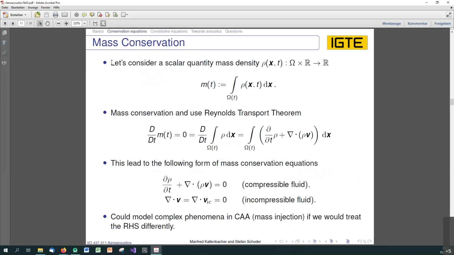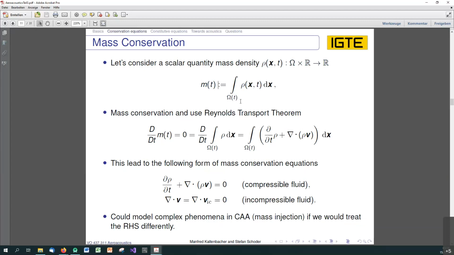So let's consider a scalar quantity like the mass density, here the rho. We have the mapping from domain and time to the mass, and the mass is calculated by the integral over the control volume.